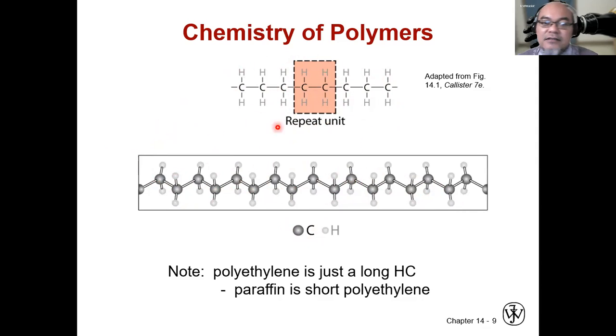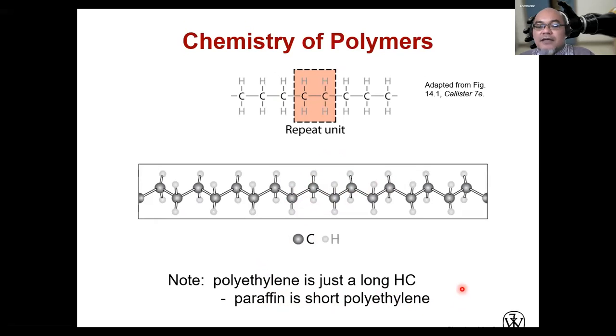This structure depiction is just to make it easier to write on paper, but in reality, the carbon forms a tetrahedral structure with four other atoms, two carbon atoms and two hydrogen atoms. Polyethylene is an example of a long hydrocarbon, while paraffin is a short version of polyethylene. Okay.